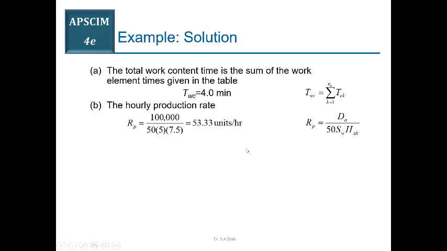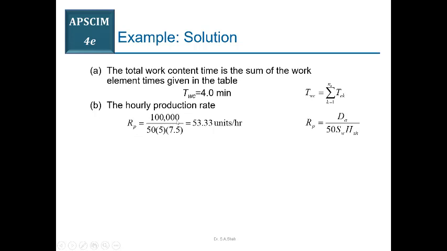But in some cases like this one, if the cycle time and the production rate are not given, you will look into the other parameters. If you look at the other parameters, production rate is basically the efficiency of the manufacturing system, and manufacturing efficiency is simply output divided by input.